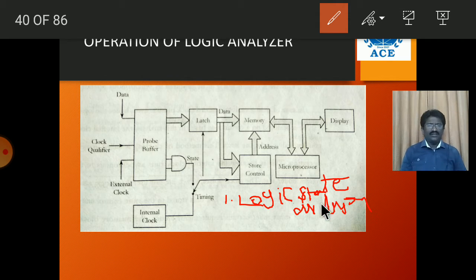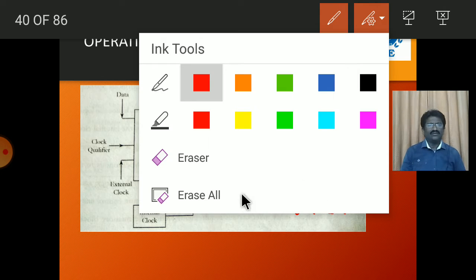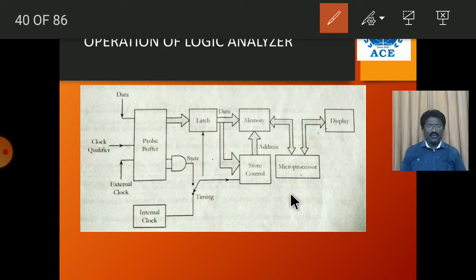So here the probe buffer acts as an entry point through which the logic signals are entered into the logic analyzer.